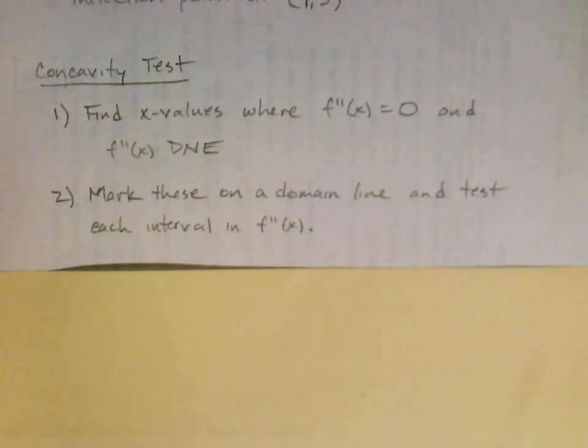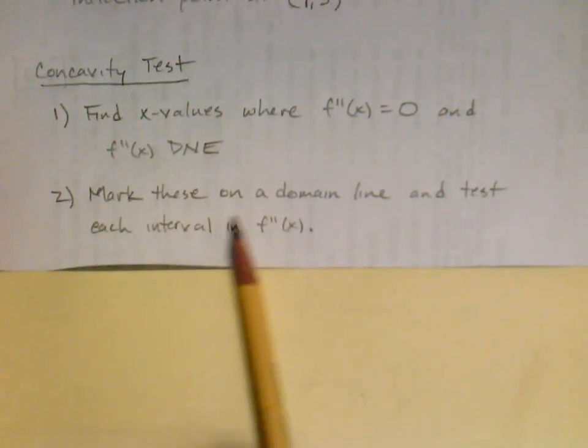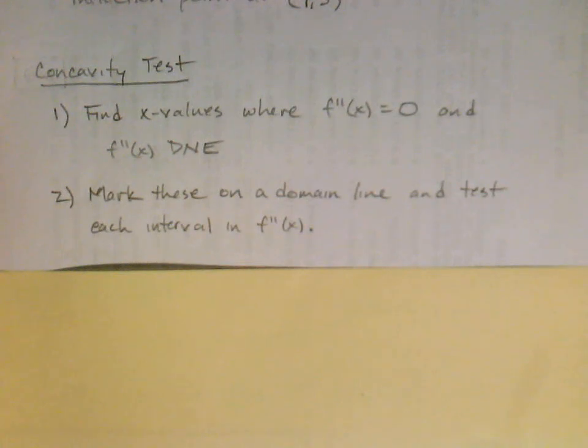And step 2, we are then going to mark those x values that we just found on a domain line, like a number line, and test each interval, but this time we're going to test in f double prime of x. So if you remember in 4.1, the first step to the increasing decreasing test was to find the critical values, the critical numbers.